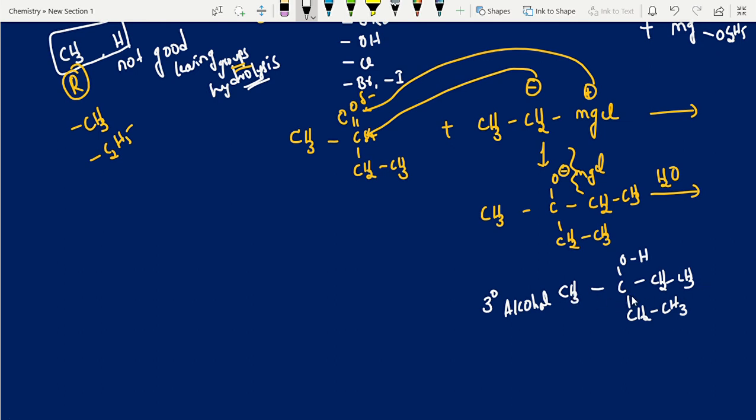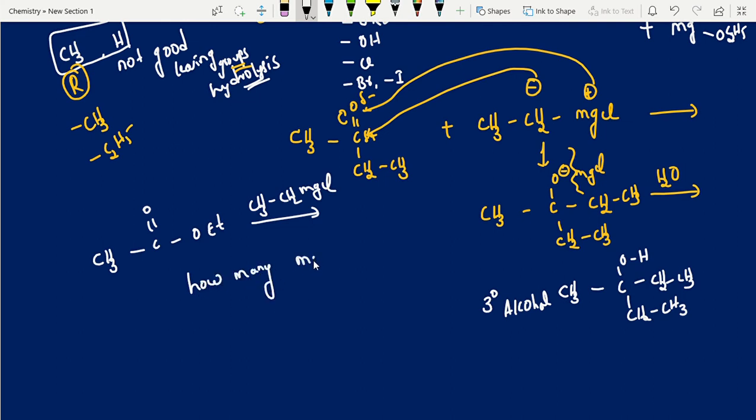This is the final product. So they may give a question like this. CH3C double bond OEt, OEt, ethyl alcohol, no? So Grignard reagent, CH3CH2MgCl. How many moles of Grignard reagent are being used?